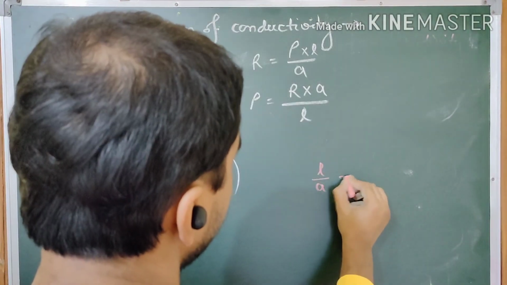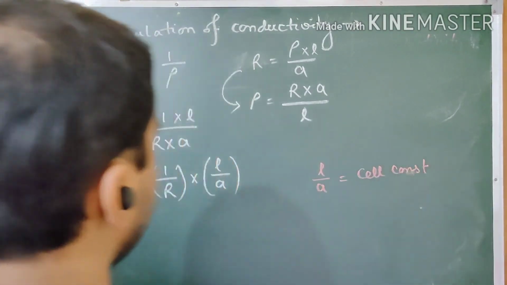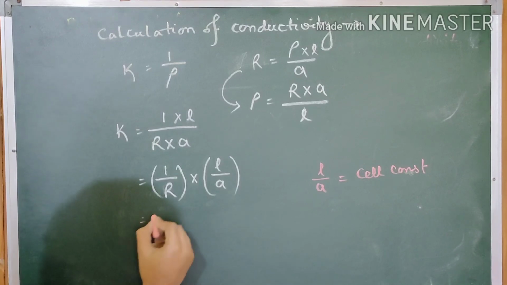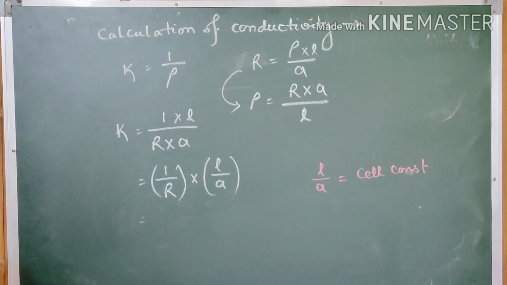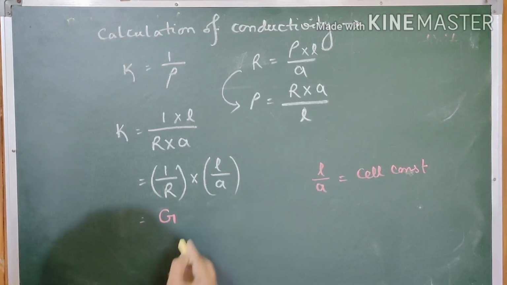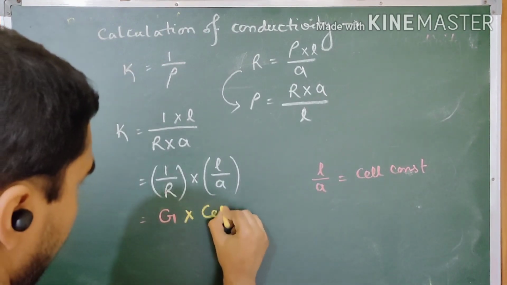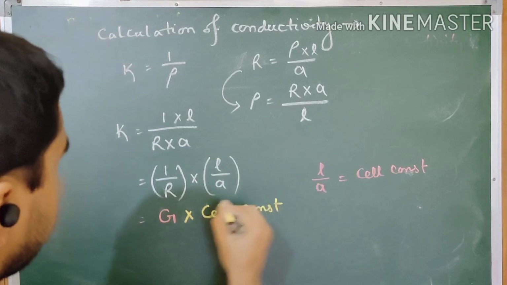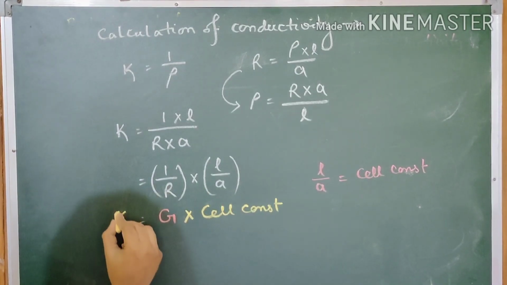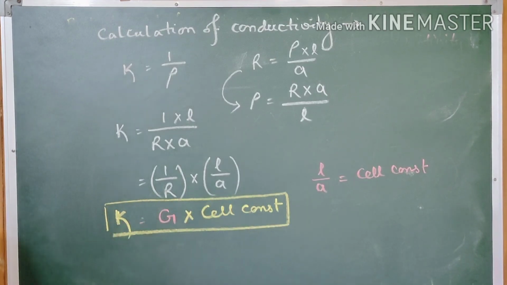L by A is known as cell constant, and obviously 1 by R we all know is written as G. So kappa is equal to G into cell constant.